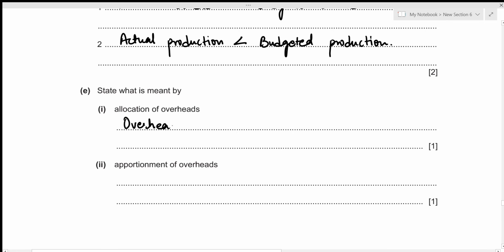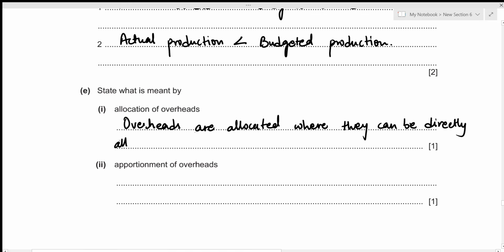Overheads are allocated where they can be directly attributed to a cost center. So if we were to take an example of this question, when we were given the overheads for 4 different departments, 2 production and 2 service department, those are the allocation of overheads.